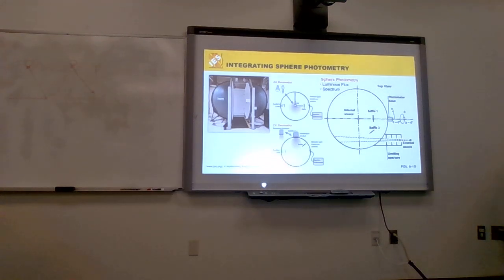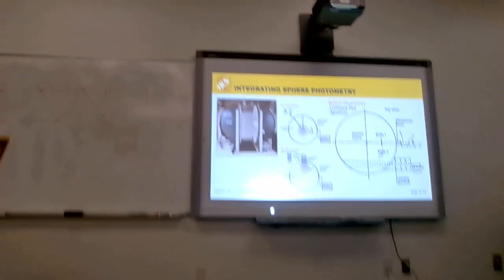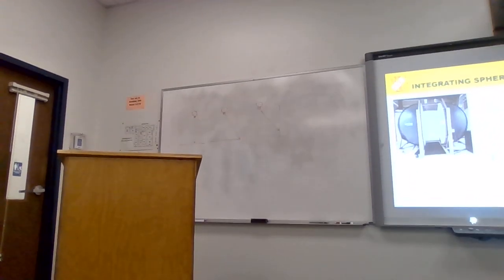This baby, the integrating sphere photometry, or the integrating sphere, if you will, is what we commonly use today to determine the effectiveness of a luminaire. And typically, you see here right in the center, it's used for LED type luminaires.